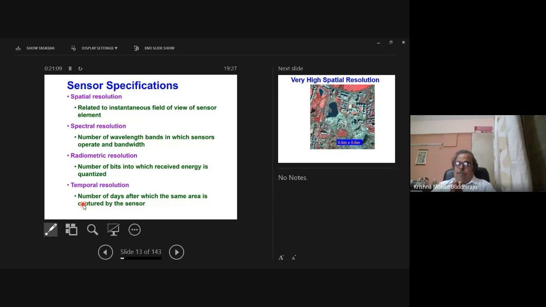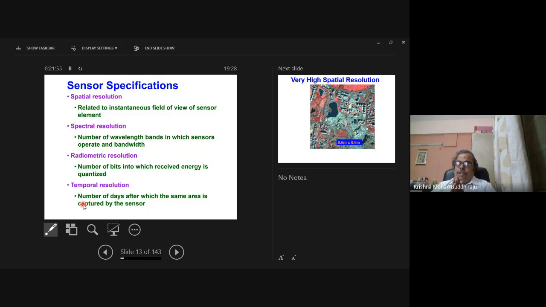Like clear water and polluted water, different kinds of road surfaces, similar looking trees which actually belong to different species, or healthy versus disease affected vegetation. So if you have many wavelength bands in which you're collecting the data, the differences in the reflectance as a function of wavelength will reveal the differences. The spatial resolution may not be of that much help.